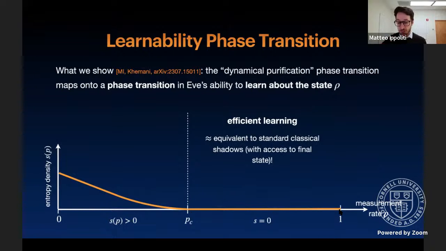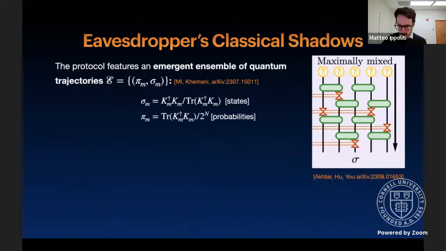So what you see here is basically saying that. Let me say this first. If you set p to be equal to 1, so we are sitting at this extreme point, let me go back to a plot here. To this diagram, that would mean that you have measurements everywhere in this circuit, at every single qubit, at every single time step.